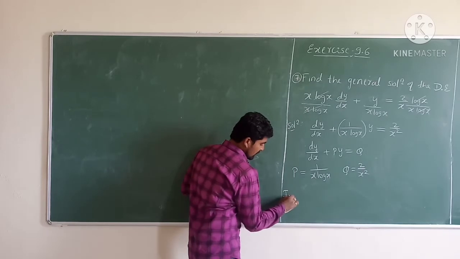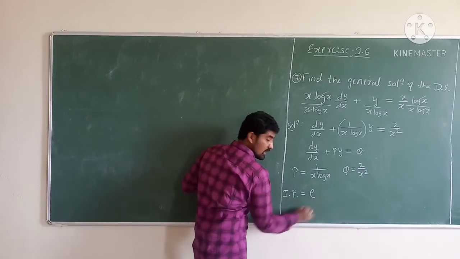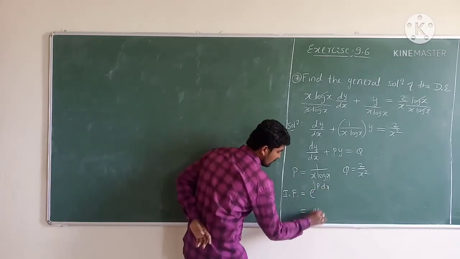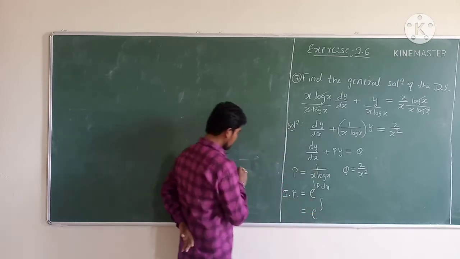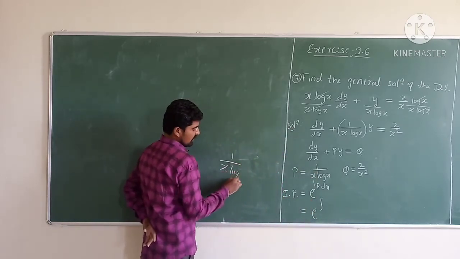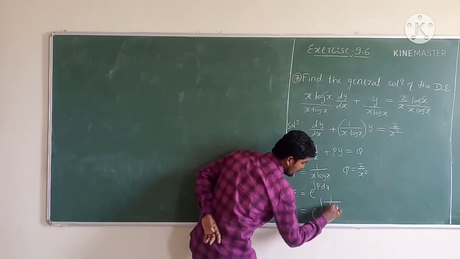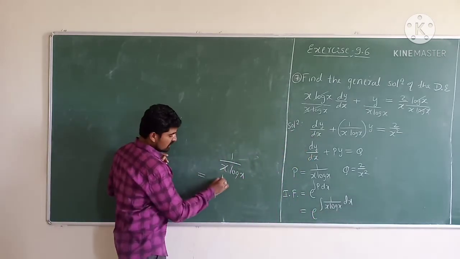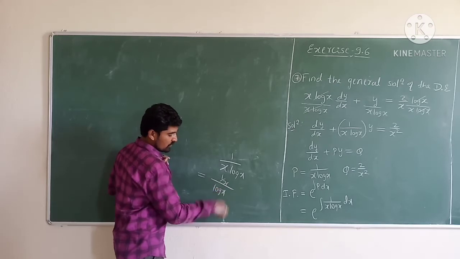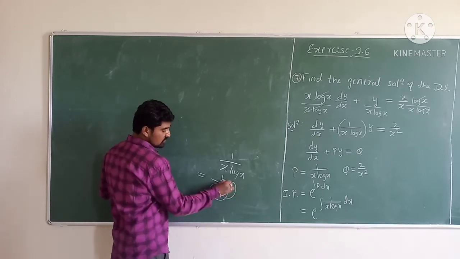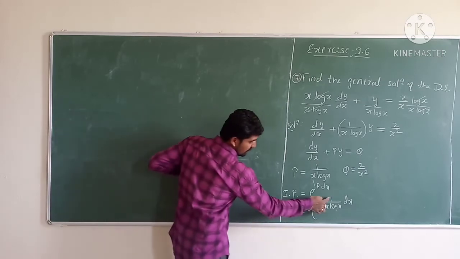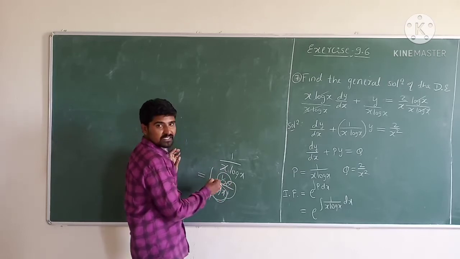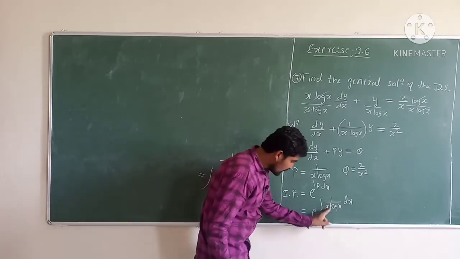Now the integrating factor of the given differential equation is e power integration of p dx, which is equal to e power integration of 1 divided by x log x with respect to x. This 1 divided by x log x can be written as 1 by x divided by log x. Now the differentiation of log x is 1 by x, so the integration of f dash x divided by f x dx is log of f x, where the value of f x is log x.